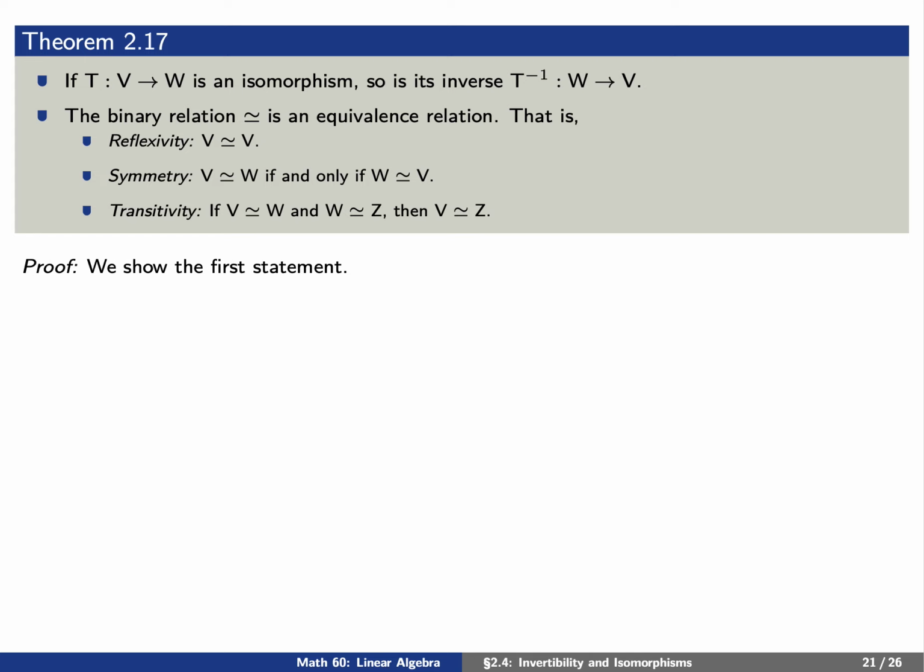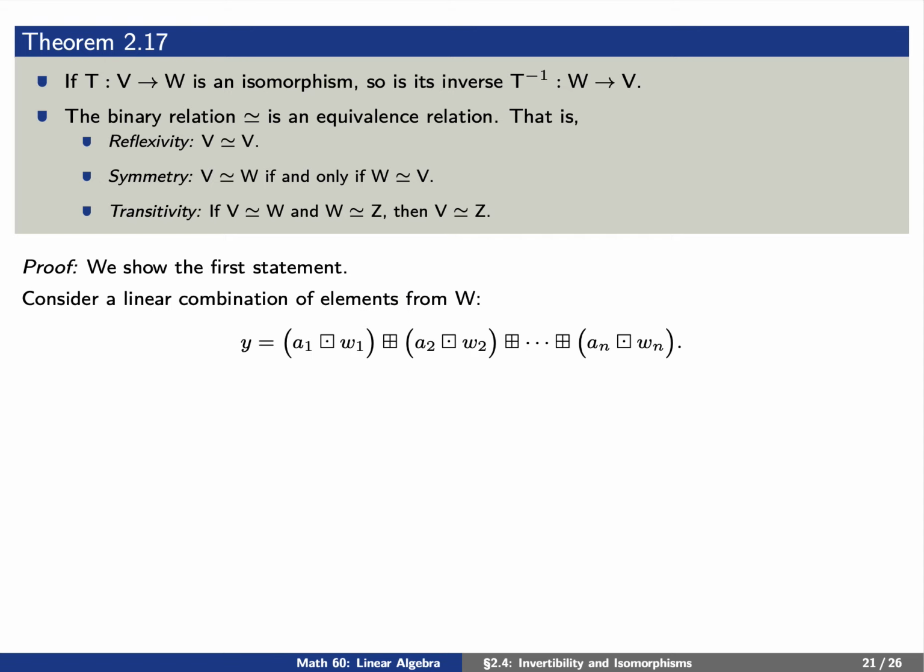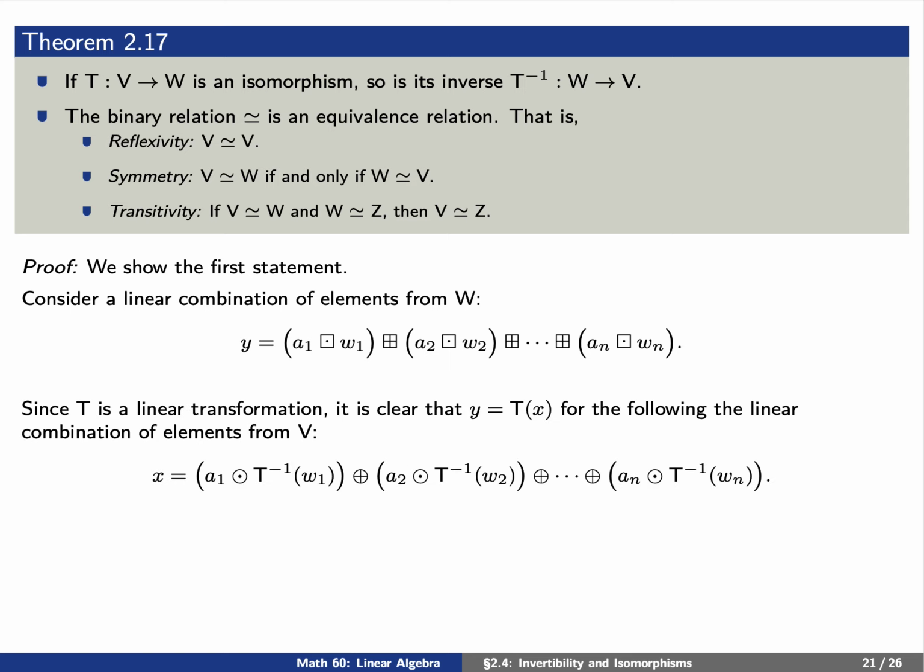Let's show the first statement. The idea is that we have to see how T inverse behaves on linear combinations. To this end, let's fix a linear combination of elements from our codomain W. Since T is a linear transformation, it's clear that we can write y equals T of x, where we can write x as the linear combination that you see here on your screen.